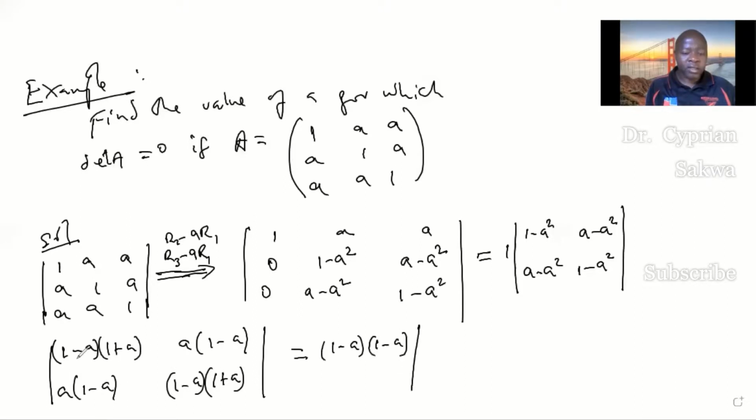So let me factor out 1 minus R in this column. What will I have? 1 plus R here and R here. So 1 minus R will go here, 1 plus R, and it will go here, R. What about 1 minus R here? It will go here, R, and go here, 1 plus R. So this is what I now get. Let me get some space here so that I can proceed from here.